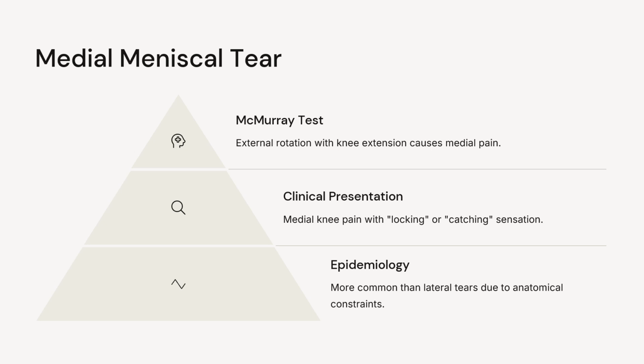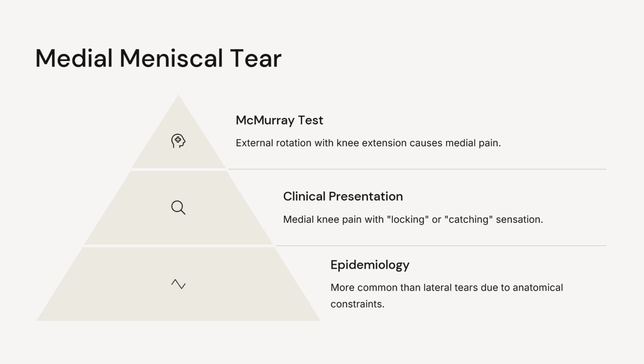So, the main difference is that for a lateral meniscus tear, the tibia is externally rotated and the knee is pushed outward so as to stress the lateral meniscus. Outward is valgus.